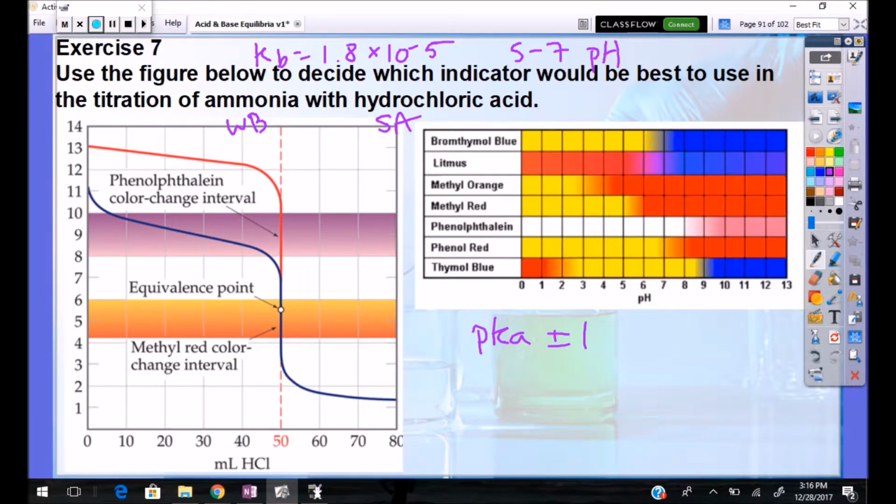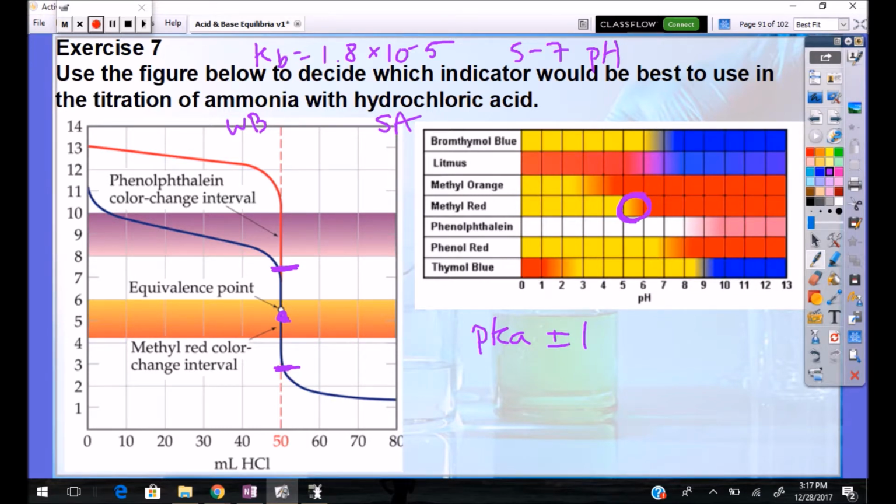So if we look at the methyl red region here, we can see that our equivalence point right there, methyl red certainly falls within that range. If we look at methyl red, it's got that changeover point right here, that transition point in that 5 to 6 region, which is right in our zone.